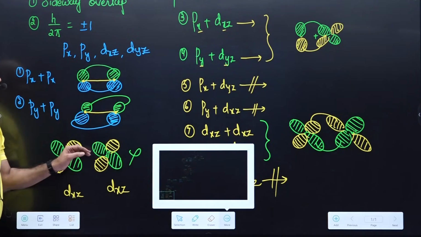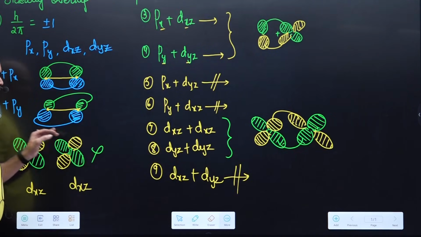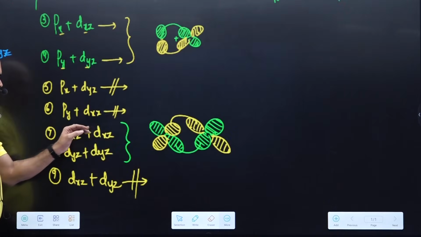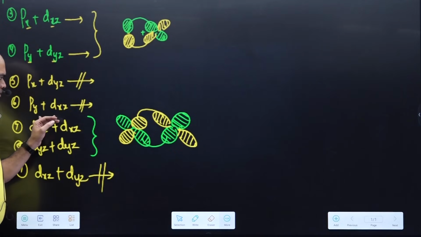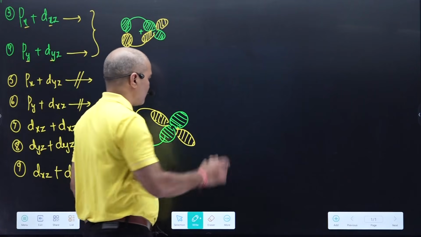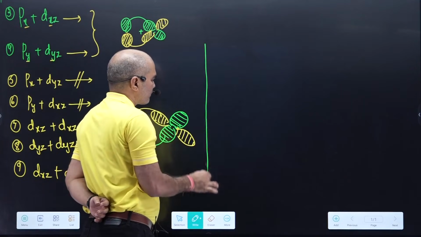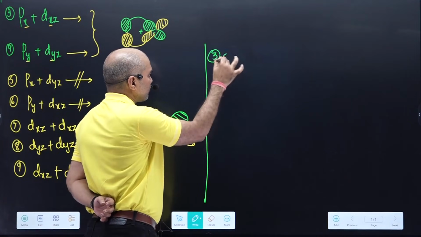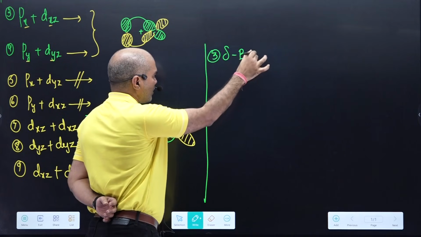This is sigma and pi. Last combination is delta. How does delta bond form?